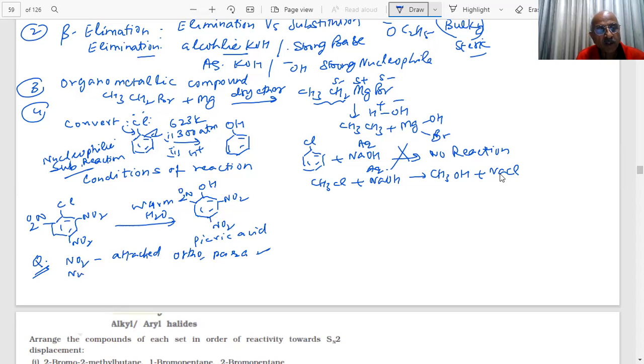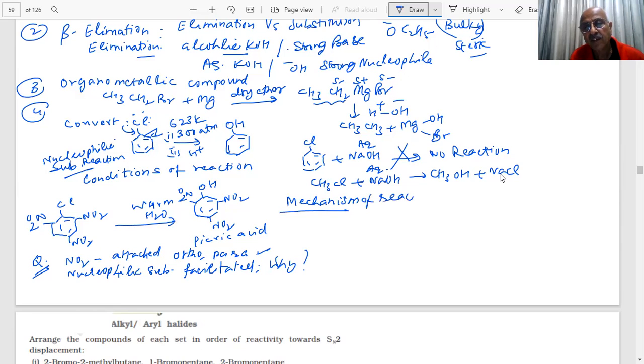the nucleophilic substitution is facilitated, student. Why? What happens, students? It has to do something with the mechanism of the reaction, student.